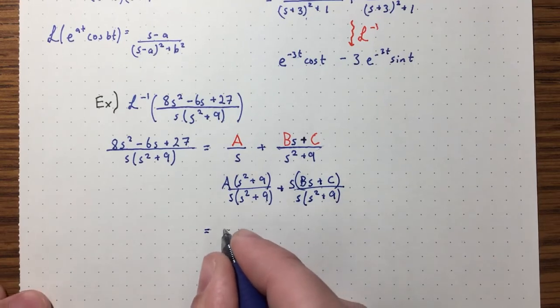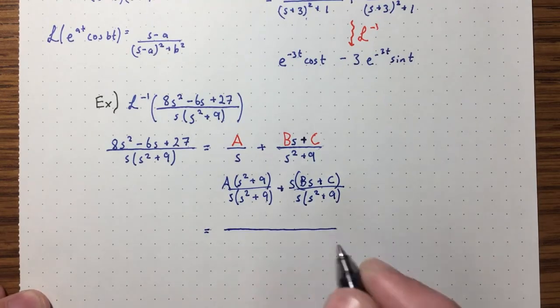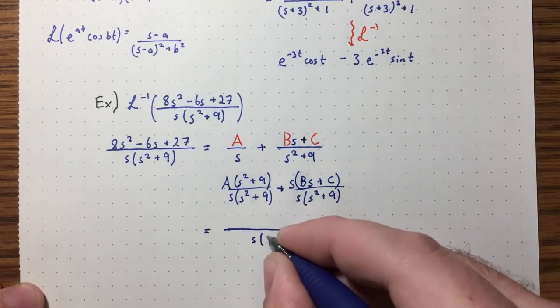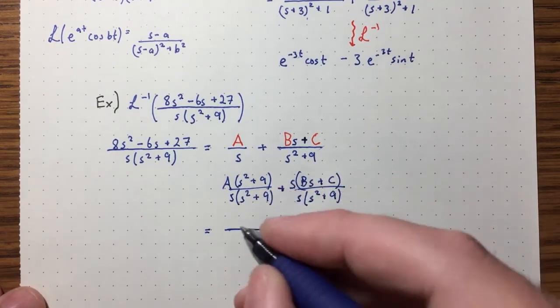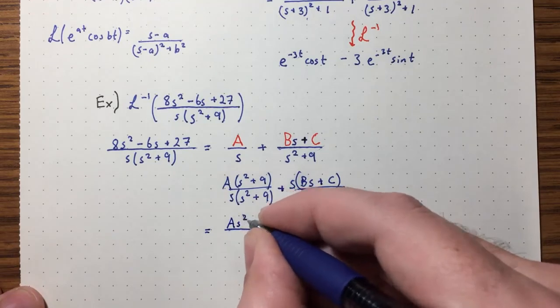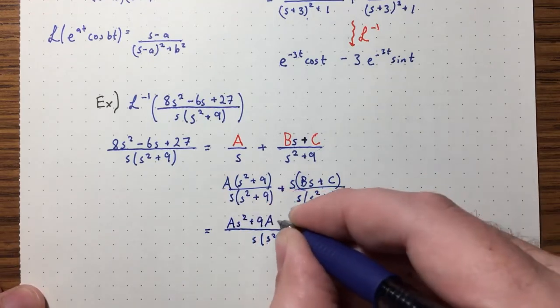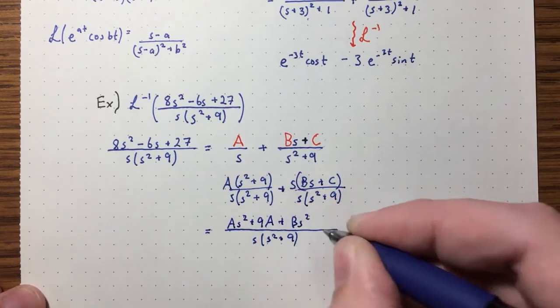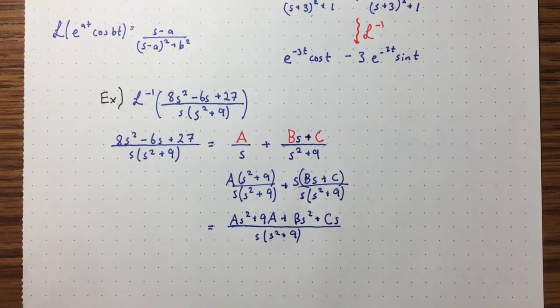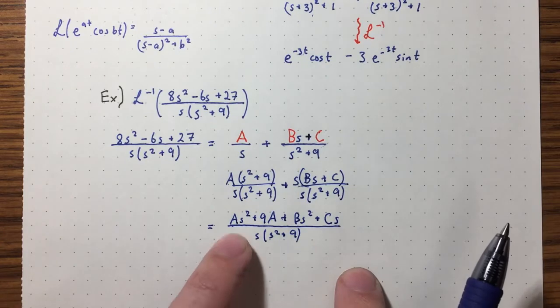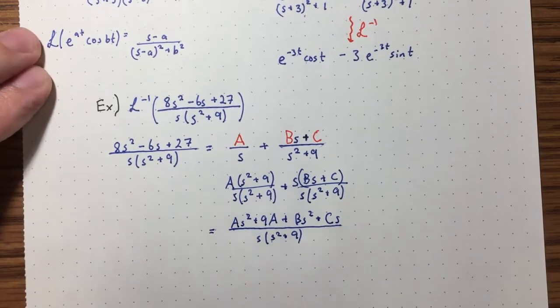Now when we simplify this, we just add the two fractions. So the denominator is going to be s times s squared plus 9, and we add the numerators. So we get as squared plus 9a plus bs squared plus cs. And I want this to equal this, right? So here's what I want.